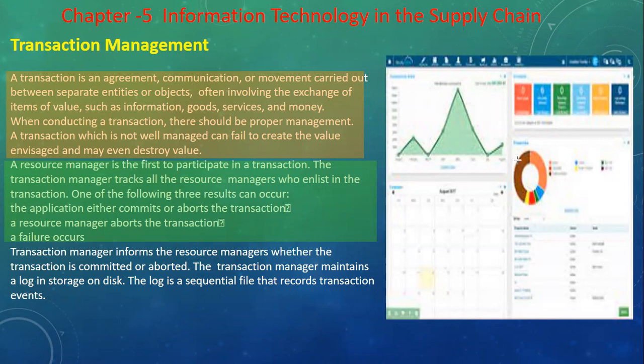So you know that the person who is a manager is a very responsible person. If he delays a single minute or single second of the process, the transaction will not perform. Okay, so you need to understand the transaction process is very important. The transaction manager informs the resource manager whether the transaction is committed or aborted.